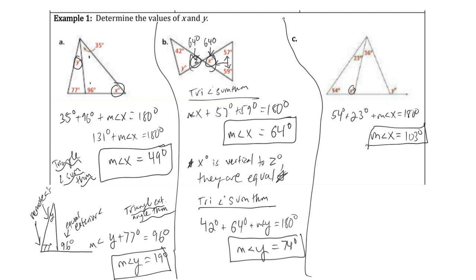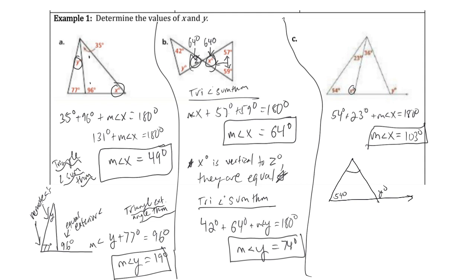Now, we can go about this a couple different ways. What I'm going to do is get rid of this line right here, so I'm going to redraw this without that interior line where x is. So we have y degrees, we have 54 degrees.